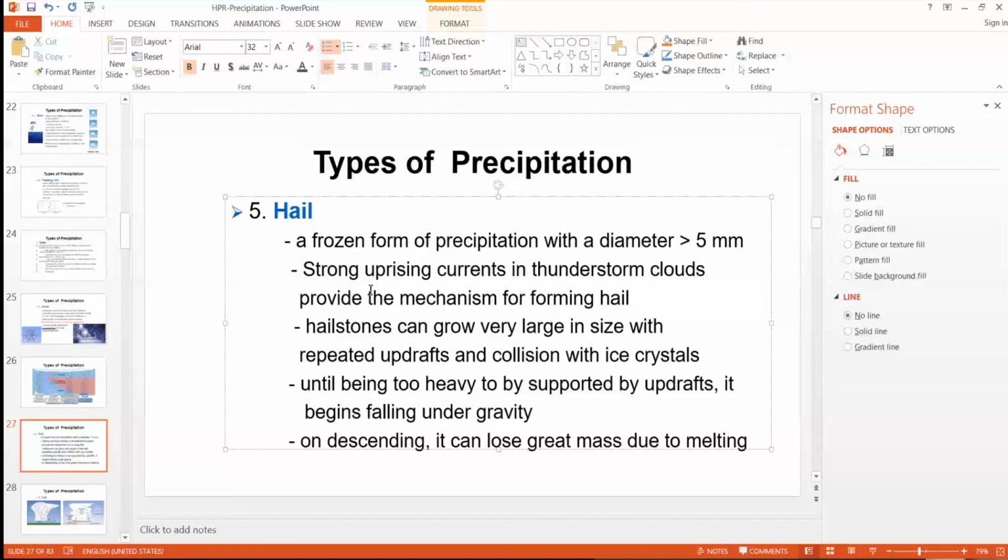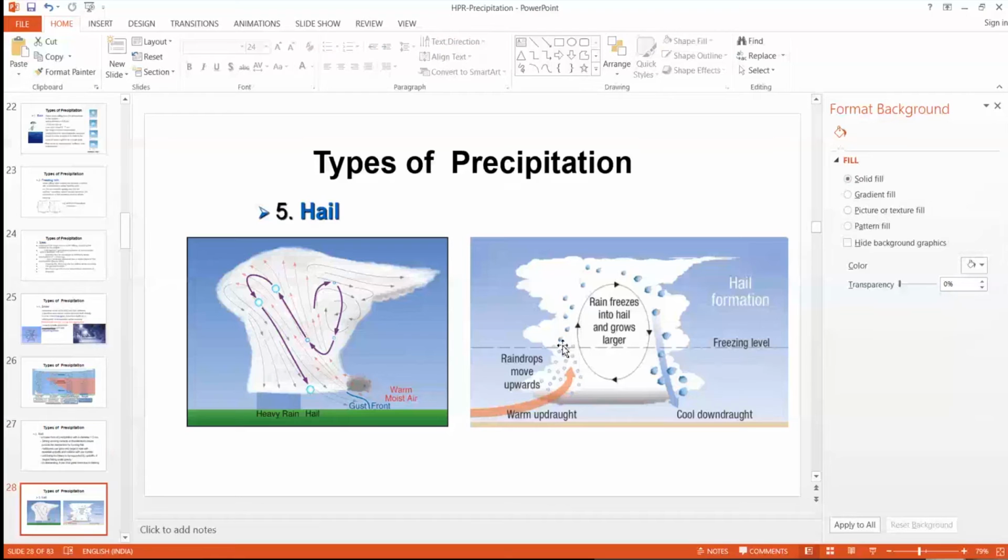You see that here the water condenses and becomes liquid droplets. These droplets are falling towards earth, but their size is very small, and because of the atmospheric circulation, due to this weather pattern or wind pattern, there is a warm wind blowing upwards.